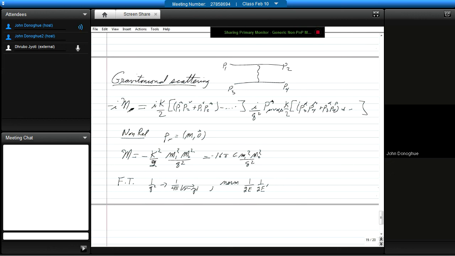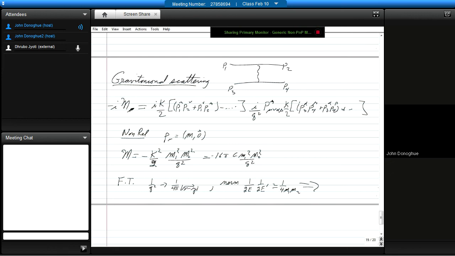So it's the 1 over 2 omega for each of the 4 guys. That turns into 1 over 4 m1 m2.